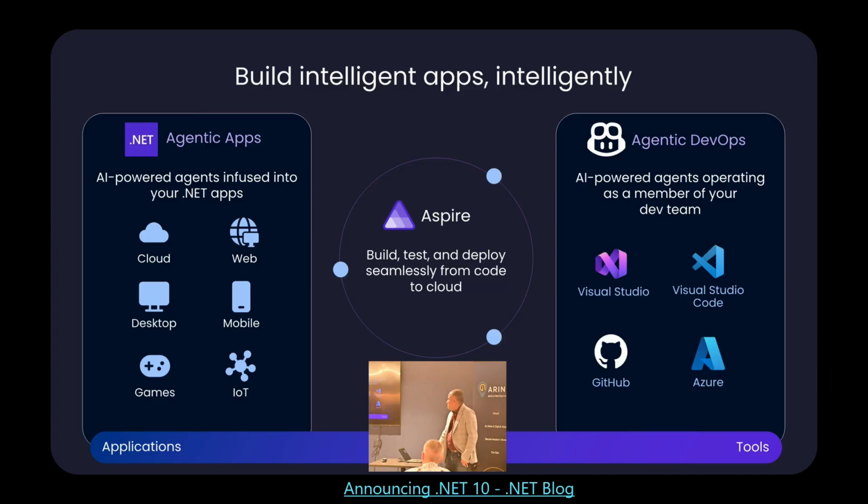We can infuse agentic AI into desktop, games, and IoT, and .NET allows us to do this. Will would be talking about Aspire, so I will leave that greatness of Aspire to him to demonstrate how to test and deploy seamlessly across the target environments. And then the DevOps part, Visual Studio Code, Azure, all that greatness.